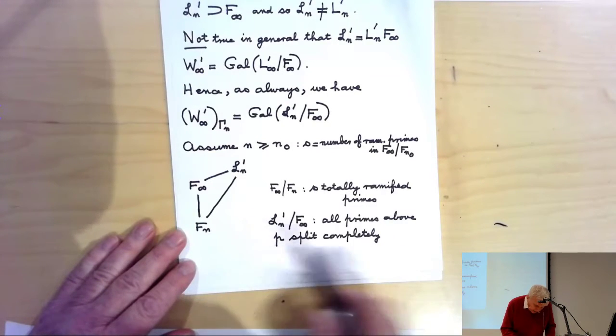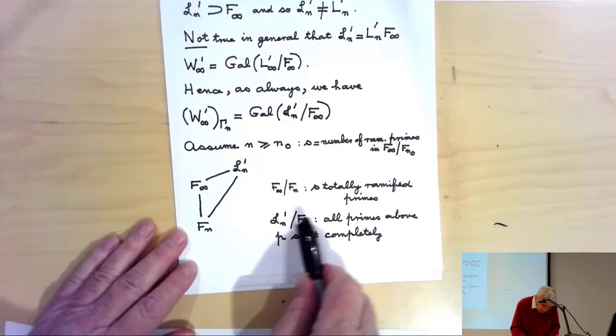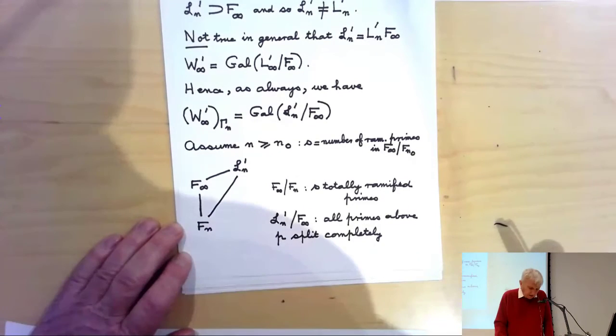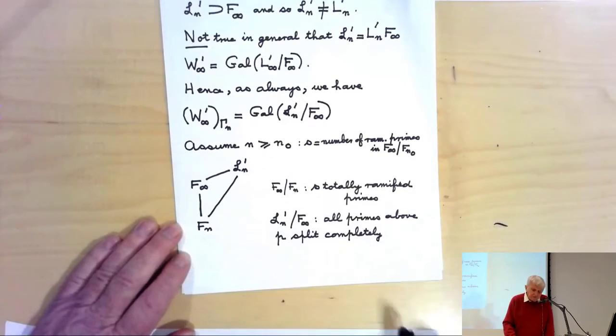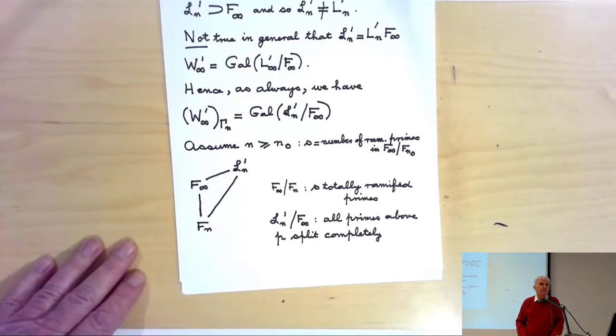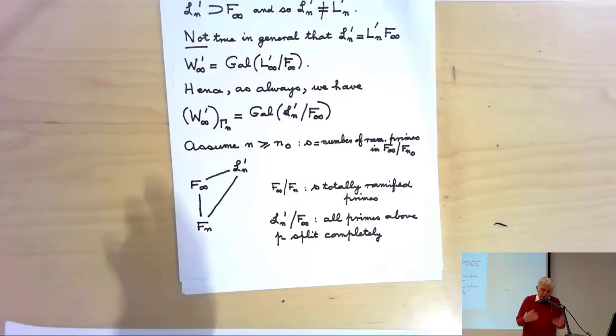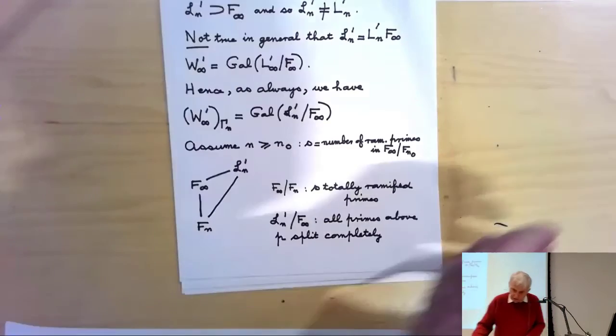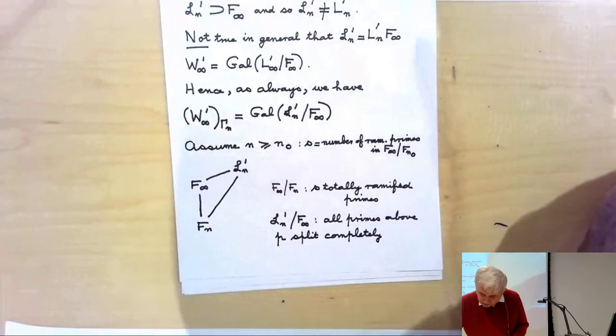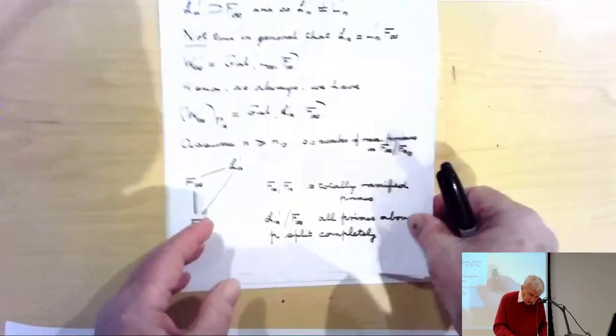And let's note that, of course, in Ln prime over F infinity, all primes above P split completely. So in other words, we know the total ramification. This is the whole observation to make.